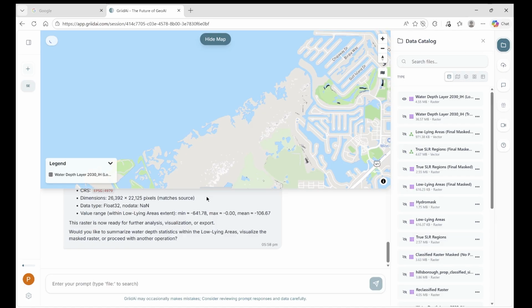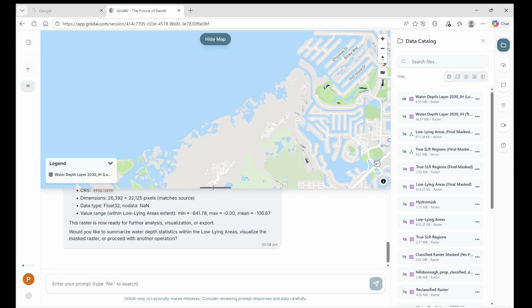So in this whole exercise, we have been able to identify the different types of SLR categories, that is true SLR and low-lying areas, for the time period of 2030 intermediate high scenario. Now, if we are able to generate IDWs for different time periods and scenarios, the same approach can be applied, and we can see how the sea is intruding into the land regions due to the climate factors.